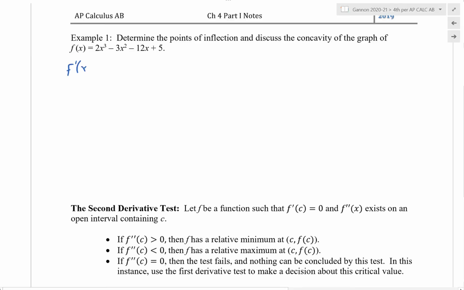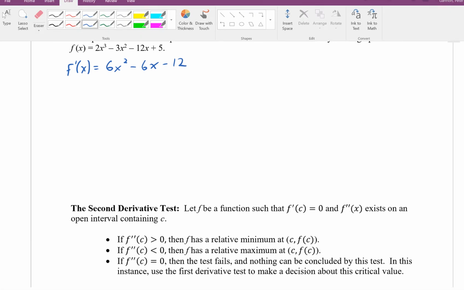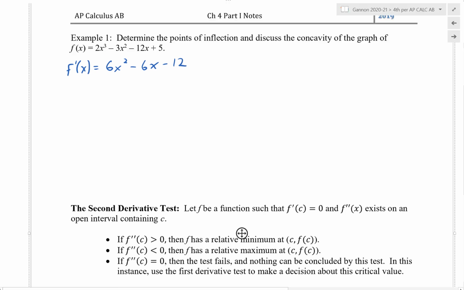So the first derivative is going to be 6x squared minus 6x minus 12. And then from there we'll take the second derivative of the function, which is simply the derivative of the first derivative. So that's going to give us 12x minus 6.